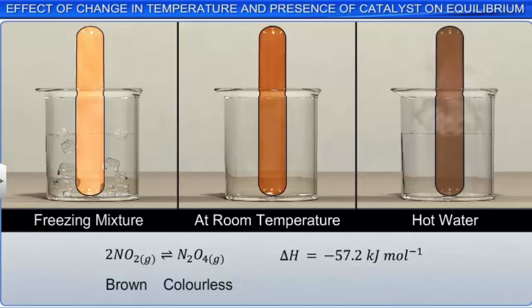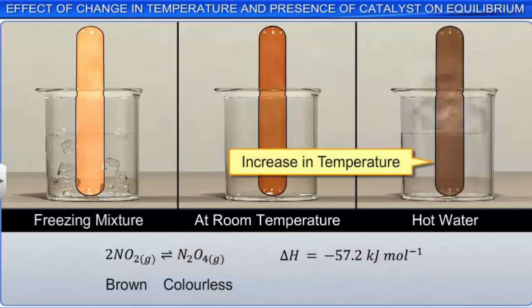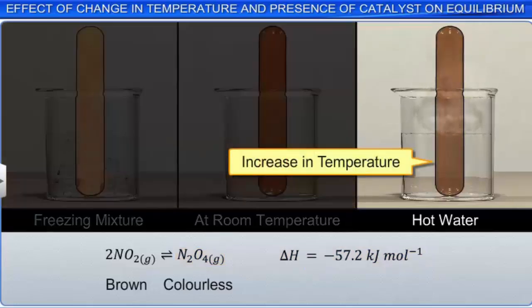The forward reaction of NO2 dimerizing into N2O4 is an exothermic reaction. You have seen that increasing the temperature for an exothermic reaction favors the backward reaction. Hence, the backward reaction of formation of NO2 occurs when the tube is placed in hot water.